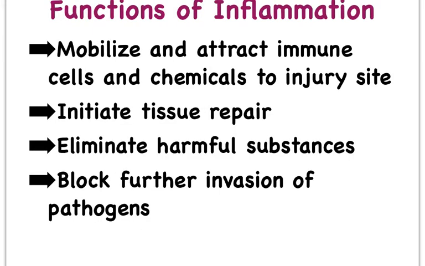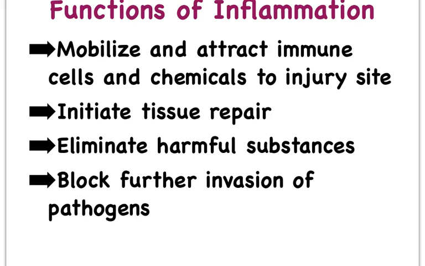So we tend to think of inflammation as a not so great thing in the body, but we really need it in order to maintain homeostasis. Now, that's not to say that inflammation cannot get out of hand, and we will talk about that this semester as well. So there are some major functions of the whole inflammatory process.